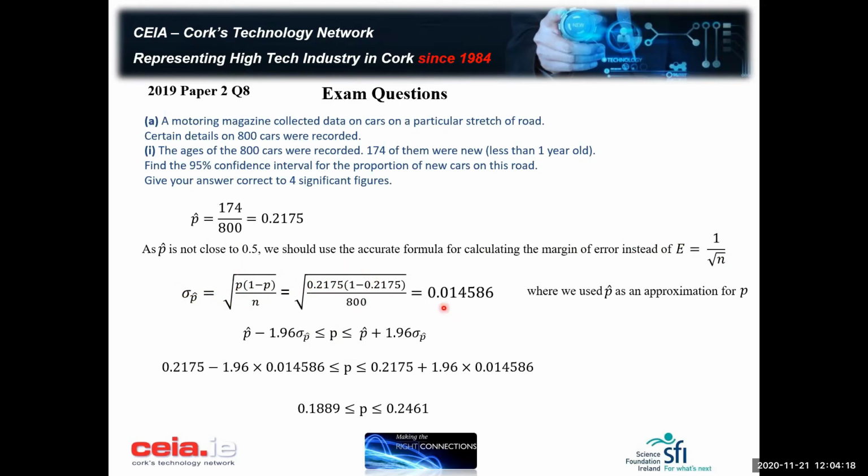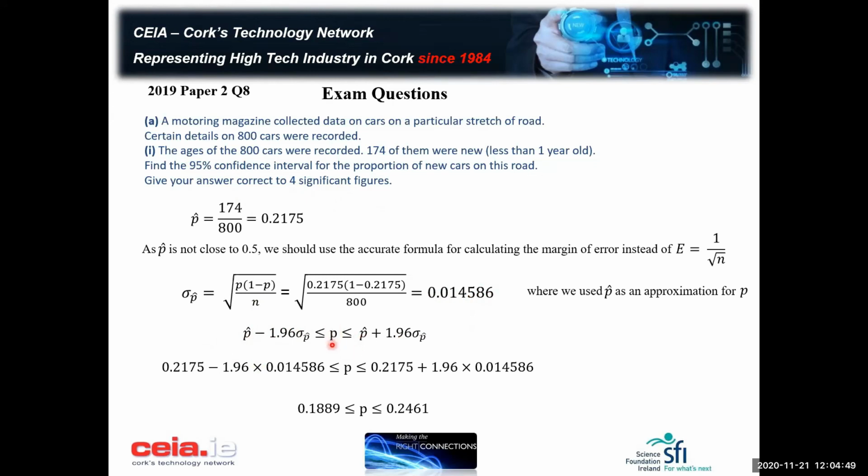Square root of all that is 0.014586. We're keeping a good number of significant figures here for the time being, because we want 4 significant figures in the end. And now, because it's a 95% confidence interval, we can use the empirical rule, which is 1.96 standard deviations on either side of p hat to find p.